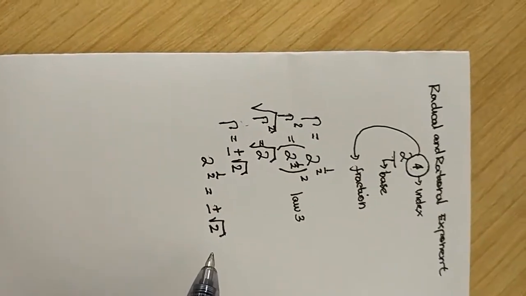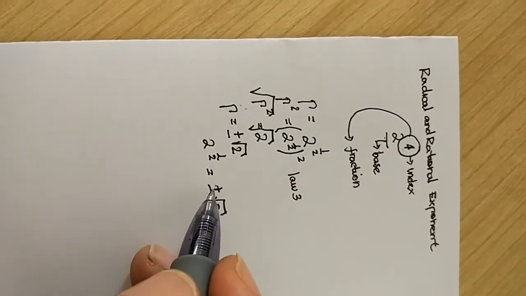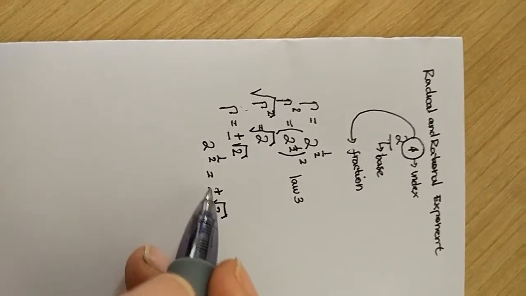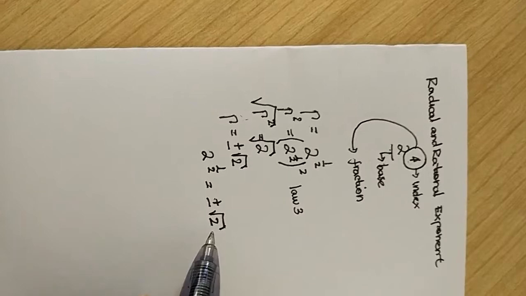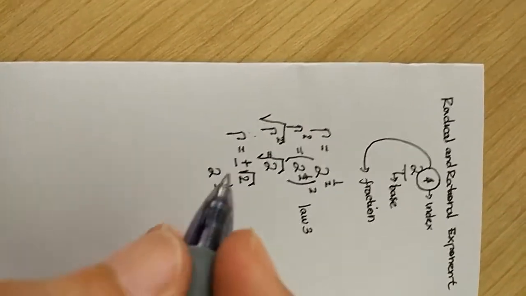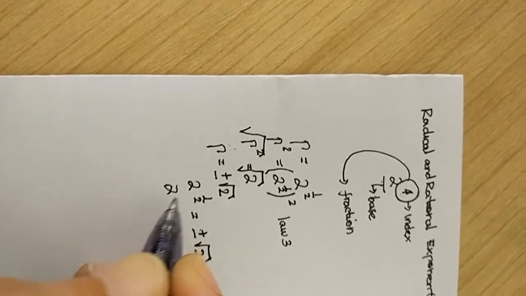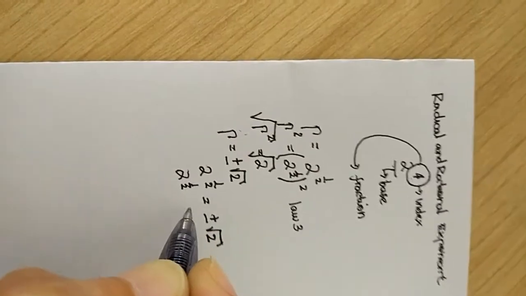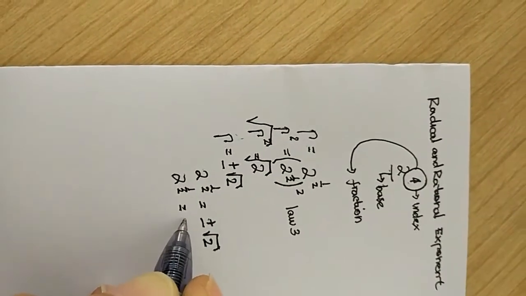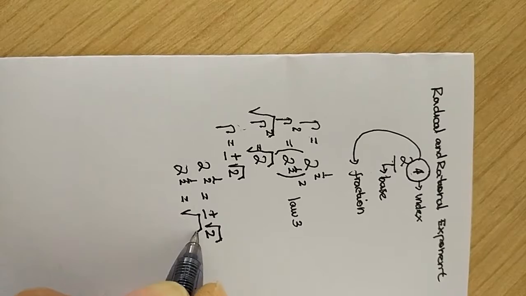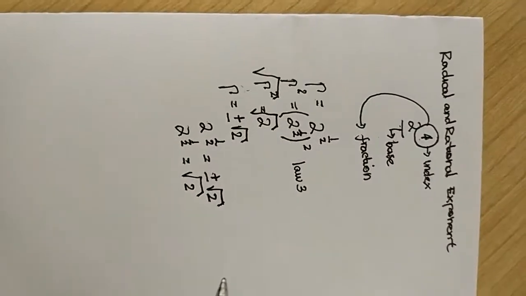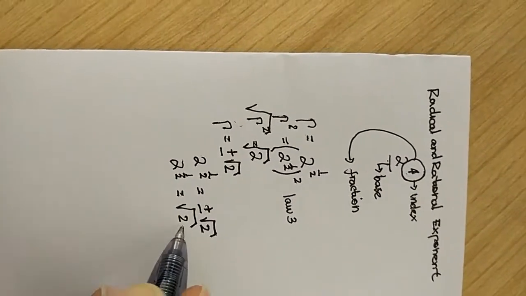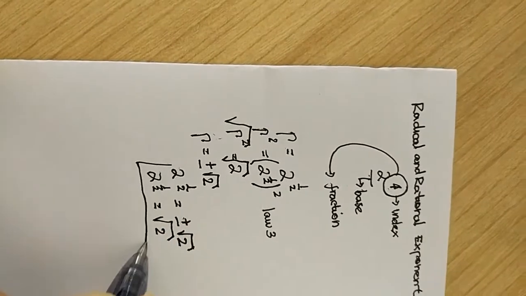It should be one to one. Because of that, we choose the positive one, since 2 to the power of half is positive. So 2 to the power of half is equal to square root of 2. This is the conclusion.